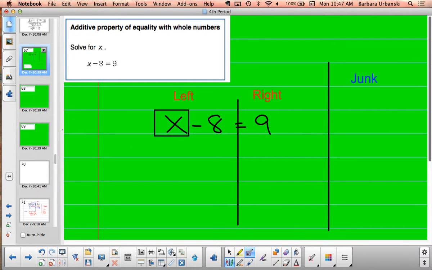Well, it's subtracted. Then ask yourself, what is the opposite of subtraction? What is the inverse to subtraction? What undoes subtraction? What is the opposite of a negative 8? And we would find that we would be adding 8. Notice I put the 8 right under the term that I'm eliminating.